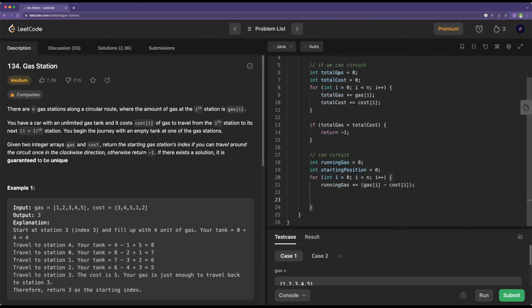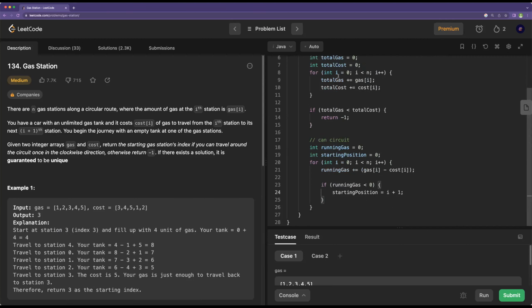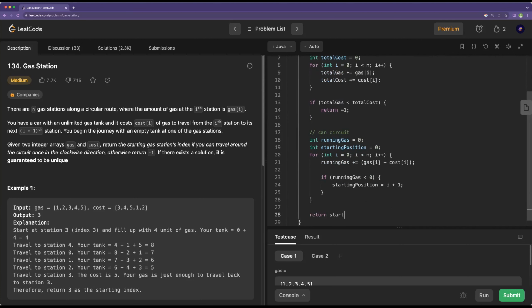And now we have to check if the running gas is less than 0. If less than 0, we know we cannot start from this position. So we update the starting position to be i plus 1. And now we finally return the starting position.